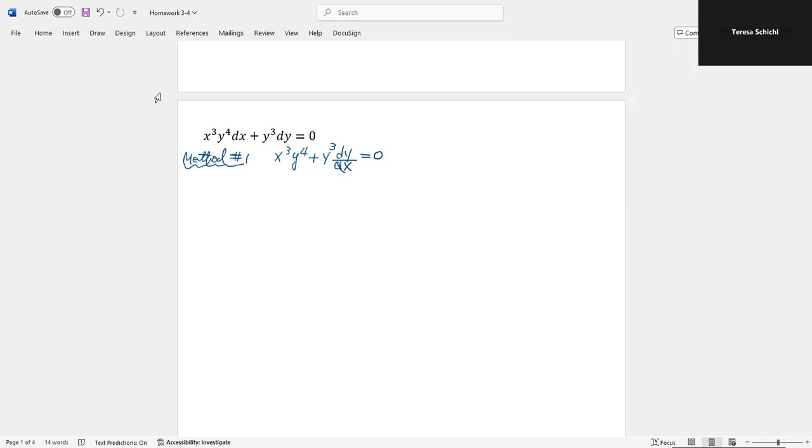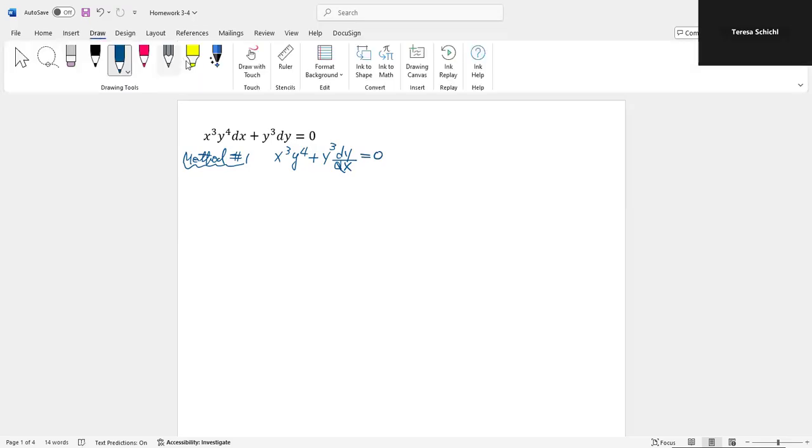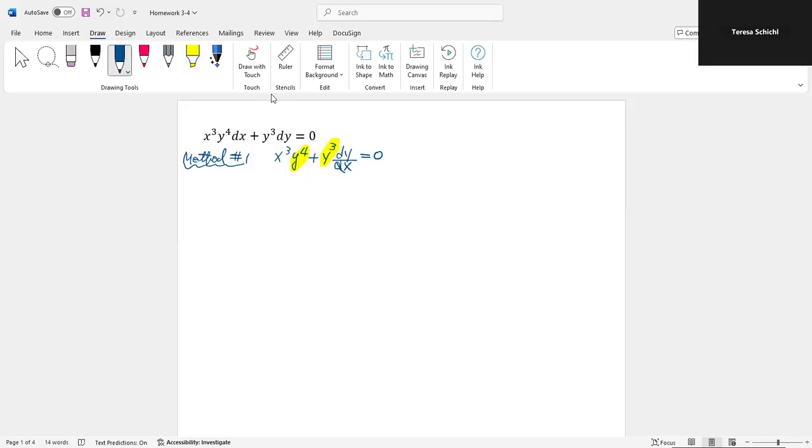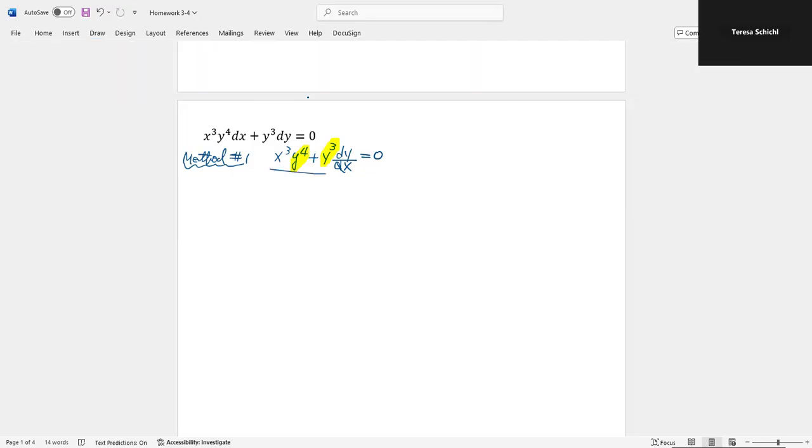Now I see this is a y and an x, each by itself multiplied, so I think that could be a very good candidate for variable separation. The first thing is I will divide both sides by y cubed, so I make dy dx stand out by itself.